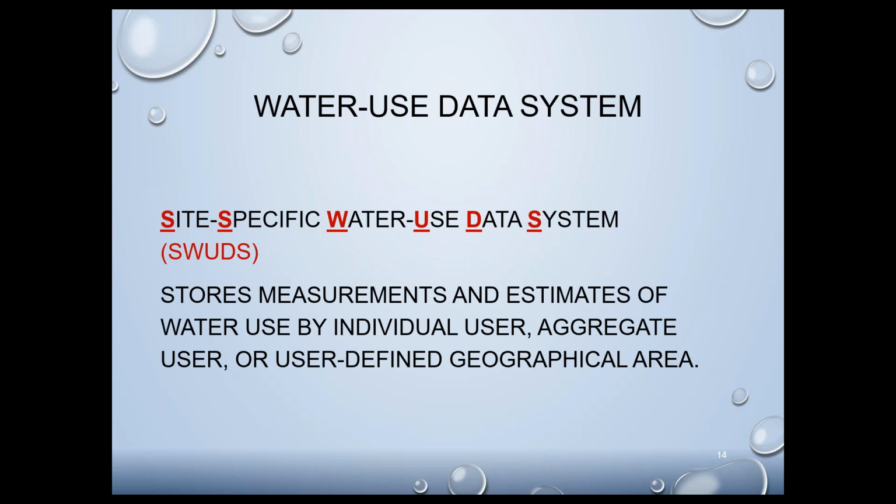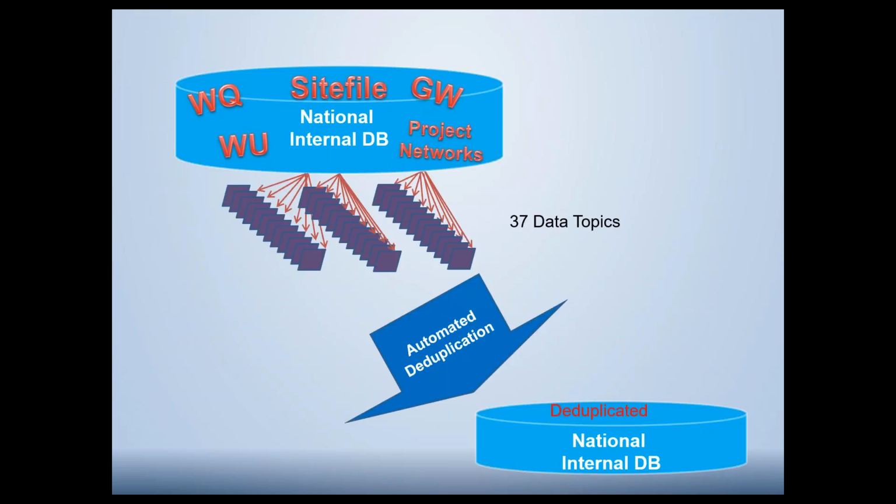SWUDS is the site-specific; AWUDS is the aggregated water use data system. It is a standalone application and does not relate to the SITEFILE like the rest of the NWIS does. Because it's an aggregated system, there's no one site associated with all the data under that site. This is what it looks like.